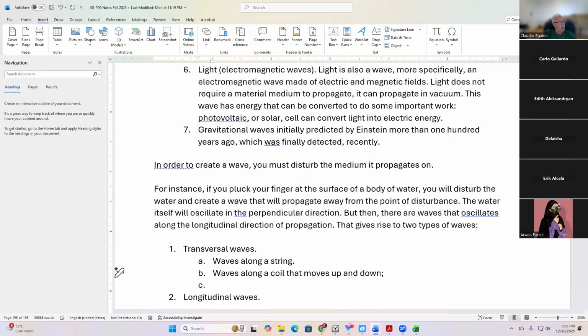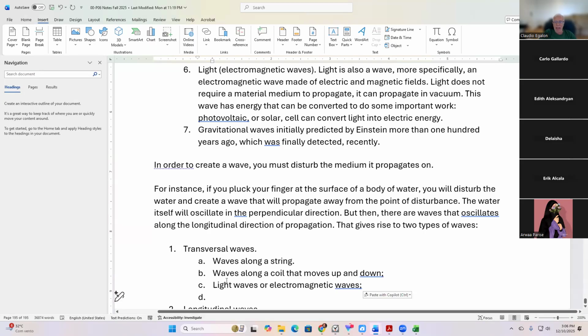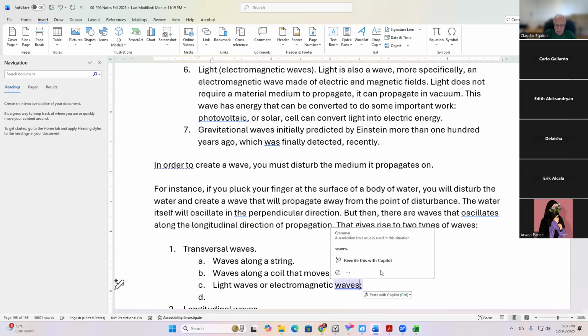Another type of wave that's transverse is the electromagnetic wave: the electric and magnetic fields of light, X-ray, gamma rays, UV radiation, infrared radiation, radar too. Radar signals are a type of electromagnetic wave. The vectors of the electric and magnetic field oscillate perpendicular to the propagation direction of the wave.